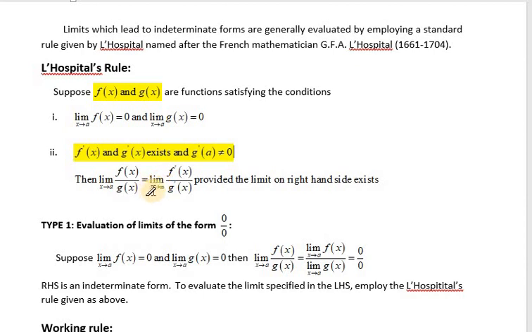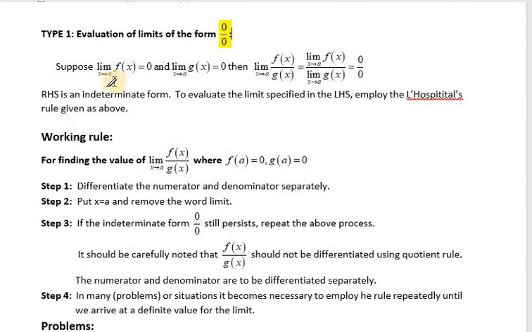Now first we will discuss the evaluation of limits of form 1, that is the 0 by 0 form. Suppose limit x tends to a of f of x is equal to 0 and limit x tends to a of g of x is equal to 0, then limit x tends to a of f of x by g of x is equal to, applying the limit to both the numerator and denominator separately, limit x tends to a of f of x by limit x tends to a of g of x, that is equal to 0 by 0.